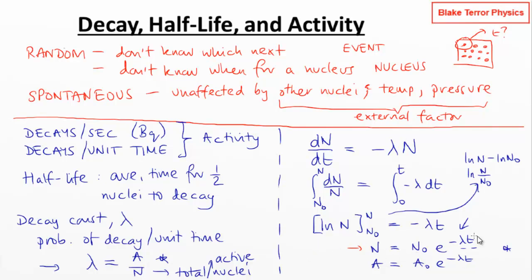If we're looking for the half-life T1/2, then N divided by N0, by definition, is down to a half. We've now got half of our original active nuclei, and that is going to be equal to e to the minus lambda times the half-life. Solving all of that, we end up with the half-life equal to log 2 divided by lambda.